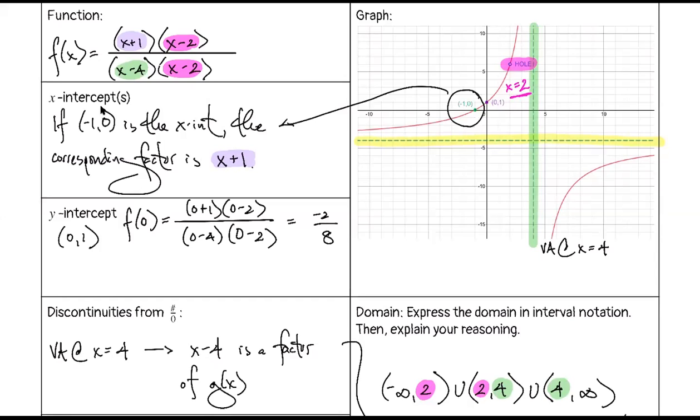But we don't want -2 over 8. We just want a 1. What is -2 over 8 reduced to? -1/4. How do we make a -1/4 into a 1?